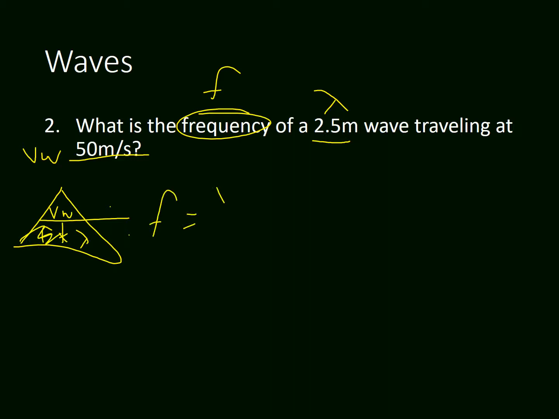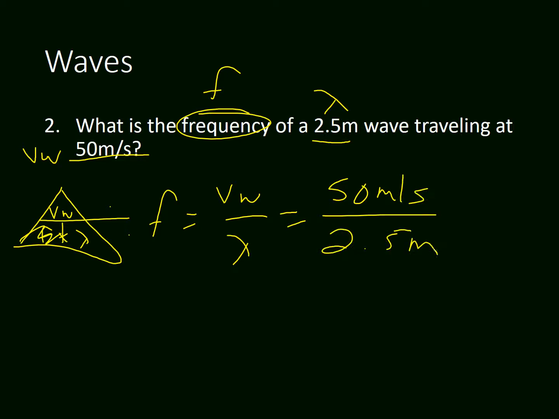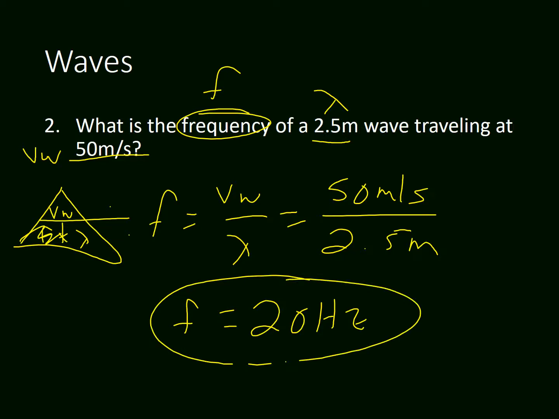So frequency is velocity over wavelength. That's going to be 50 meters per second over 2.5 meters. When I plug that into the calculator, I get a frequency of 20 hertz. So 20 hertz is the frequency of this wave.